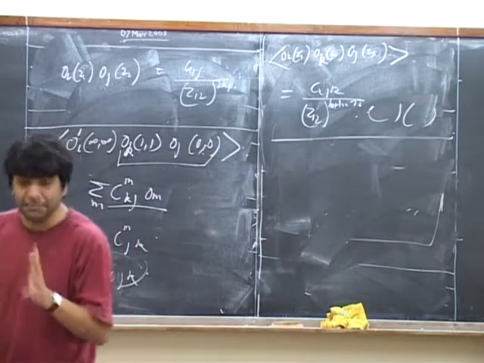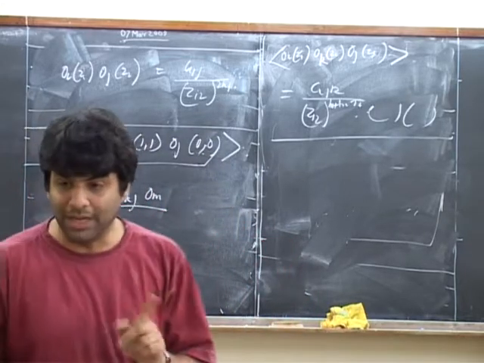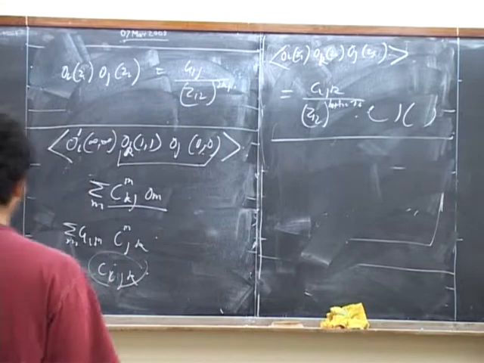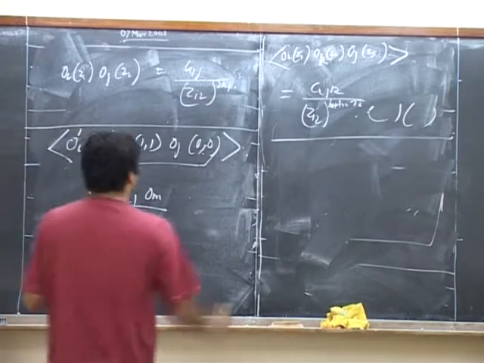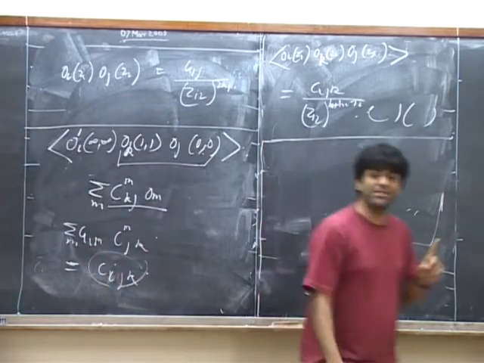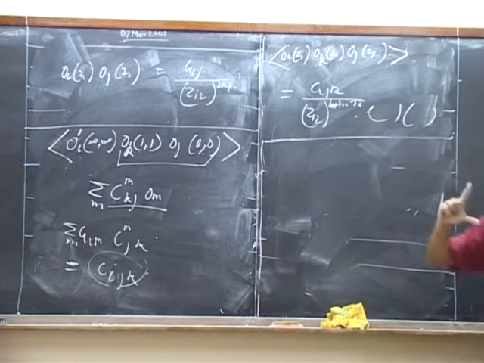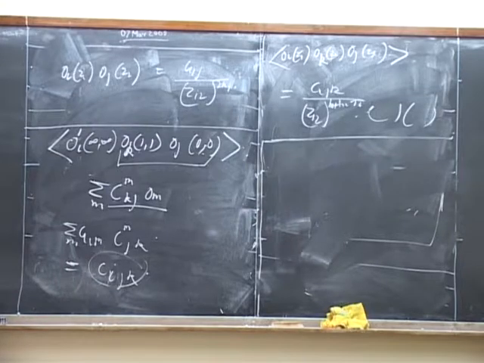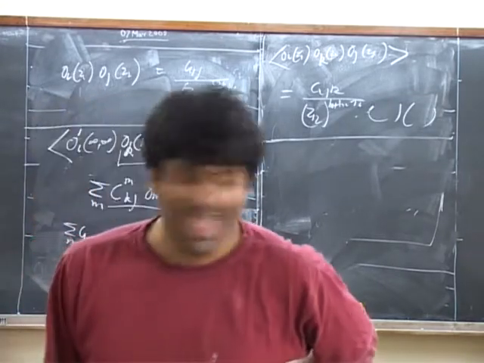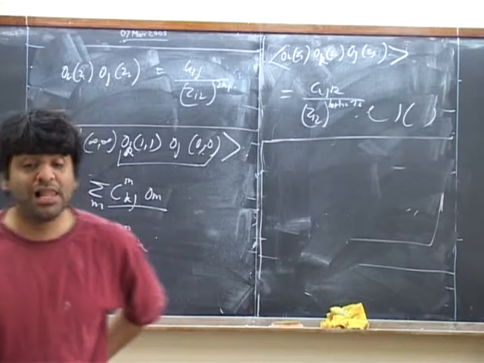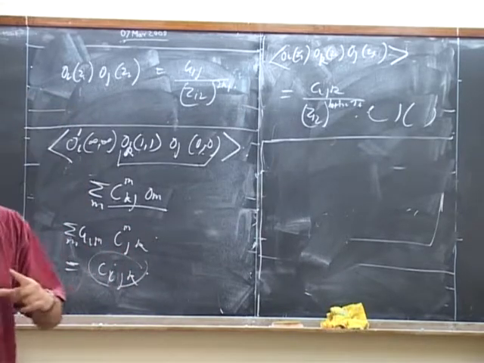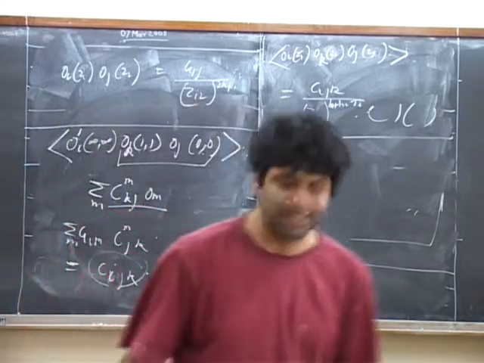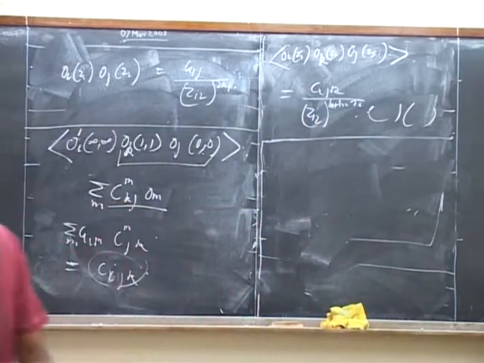Perhaps the last conceptual point I want to discuss here is the relationship between this pairing of wave functions, or pairing of operators, and the usual inner product on the Hilbert space of this theory.